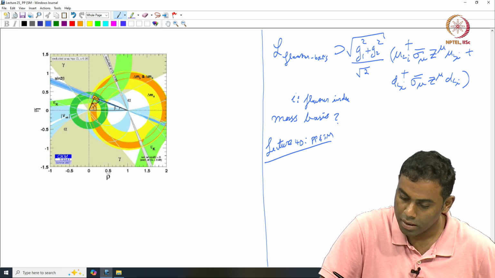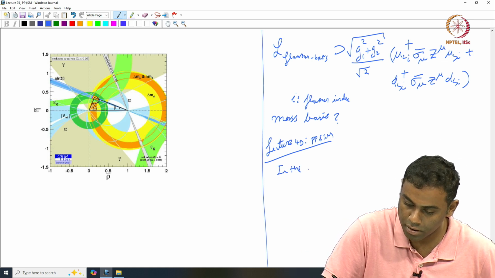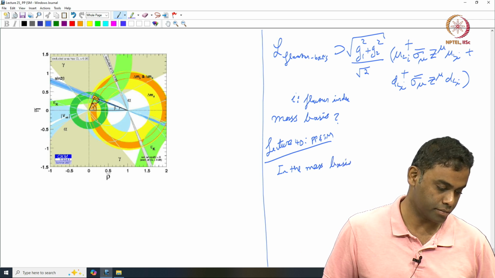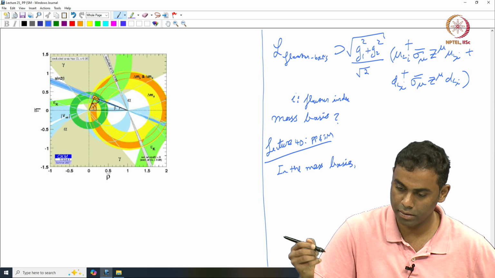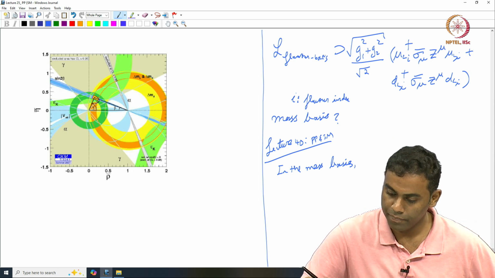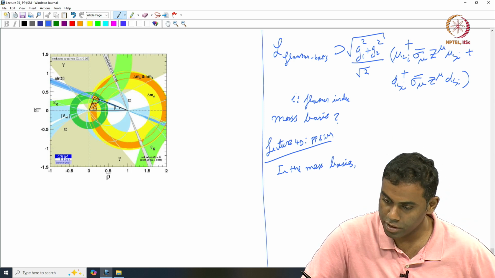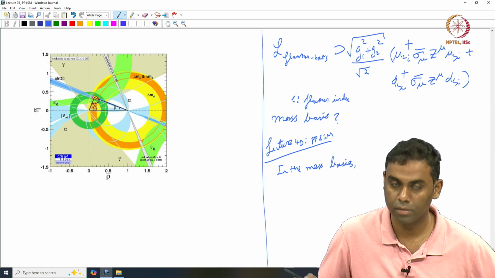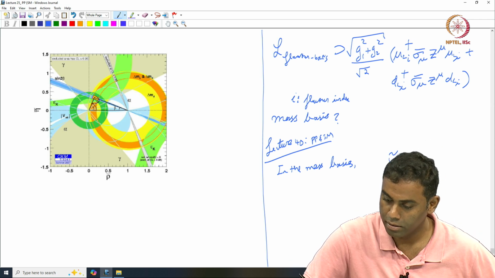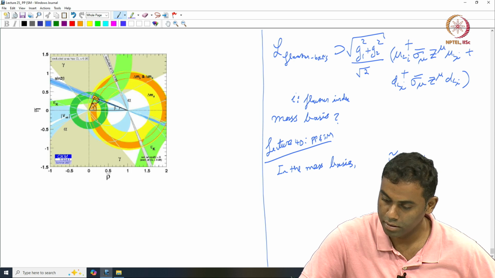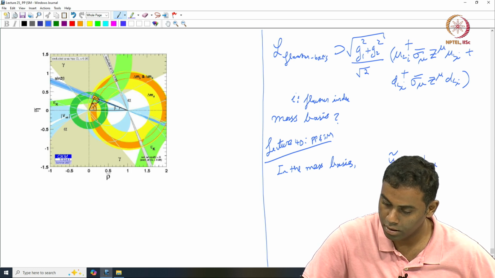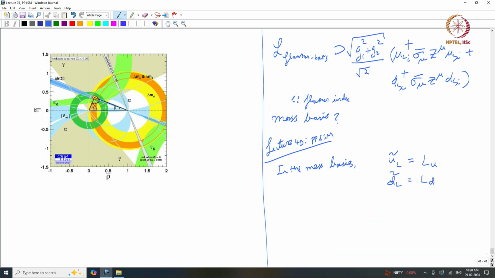So in the mass basis, remember we rotated the quarks using matrices like these. Do you remember this?